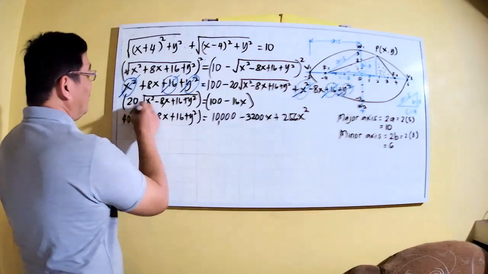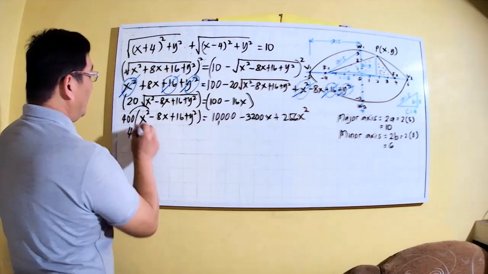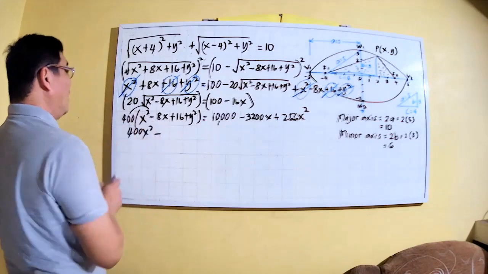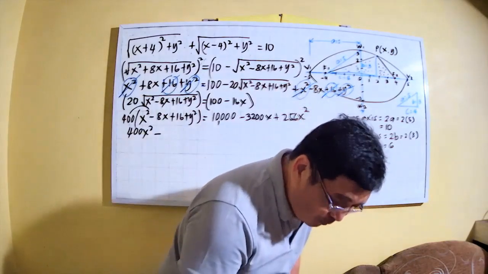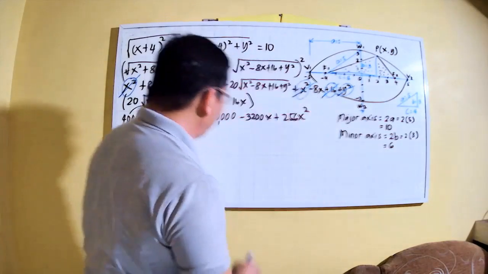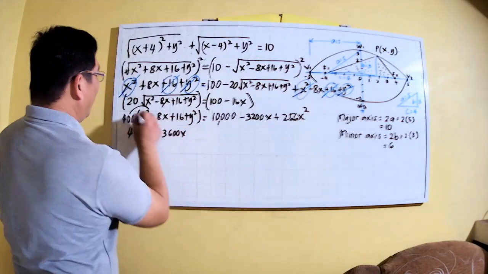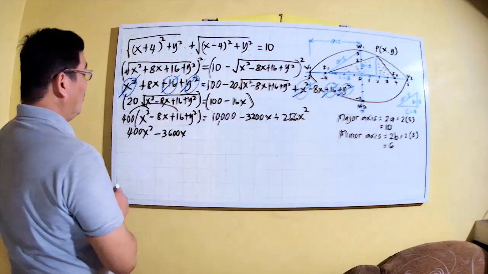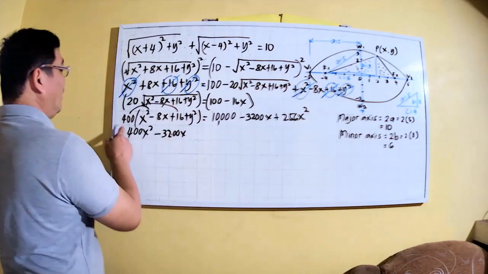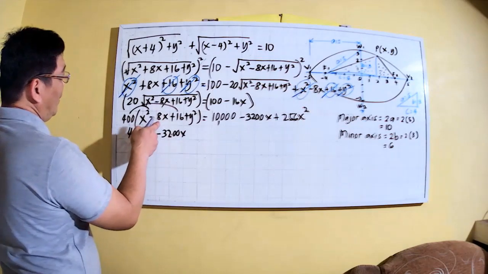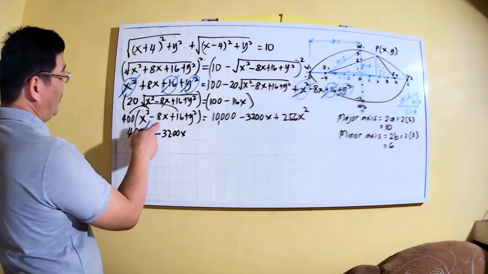And then distribute this 400 x squared minus 400 times 8, that is equal to 3,600x. Then distribute this again, 3,200, that is 4 times 8 is 16 times 2, 32.